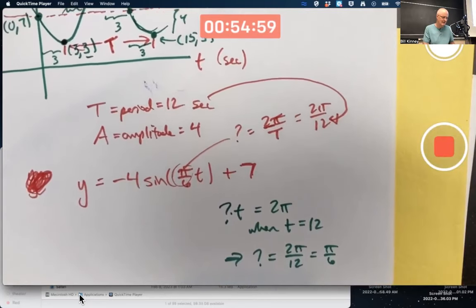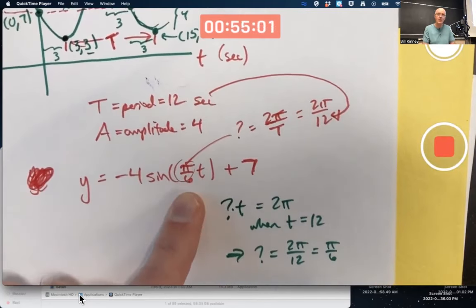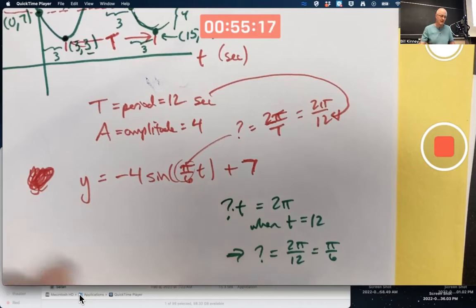Okay. This is going to go through one period now as t goes from 0 to 12, because the input being multiplied by pi over 6 will go from 0 to pi over 6 times 12, which is 2 pi. You can always check it.